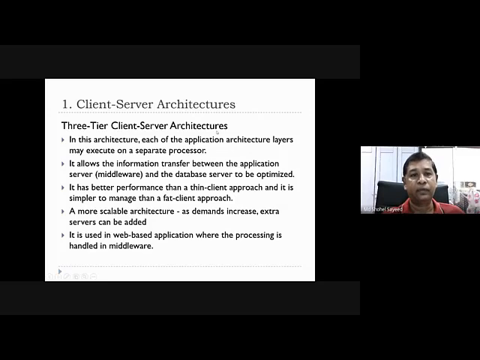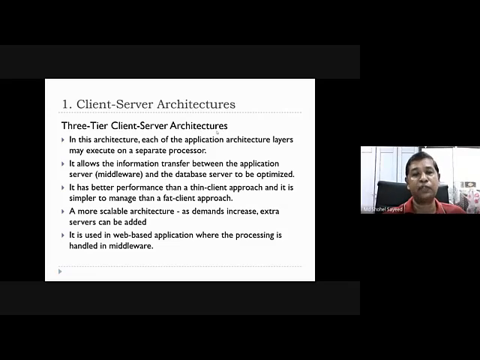Okay, now in the client server architecture, another type of architecture is called 3-tier client server architecture. In this architecture, each of the application architecture layers may execute on a separate processor. That means each layer will use a separate processor for processing the system.